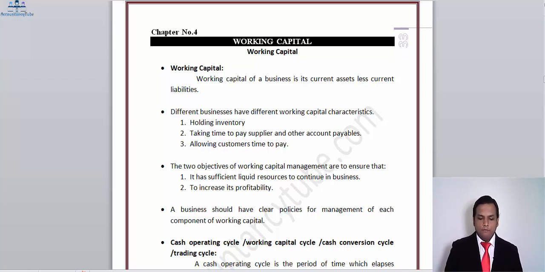Now, if you come to the second point, we have different businesses have different working capital characteristics. Some businesses tend to hold inventory while others do not. It's quite obvious that inventory turnover or inventory holding is a part of a strategy for most businesses.